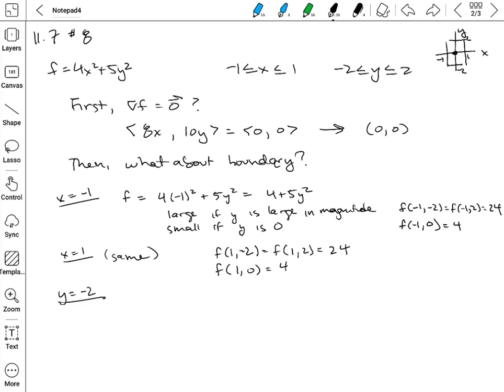So when I have y equal minus 2, f is going to be 4x squared plus 5 times minus 2 squared. So again, minus 2 times minus 2 is positive 4, times 5 is 20. So we're just going to have 4x squared plus 20.